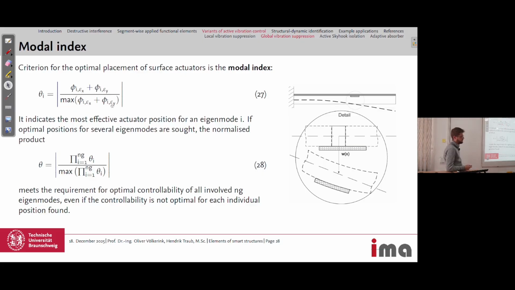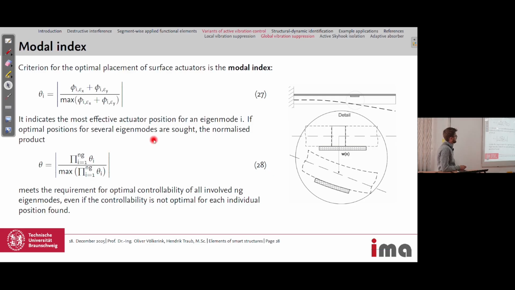If we place them really in the position where the highest surface strain occurs, then this modal index for the first eigenmode would be 1. If we cannot place them in the location where the highest surface strain occurs, then this one would be smaller than this one. This stays the same. Then the modal index is smaller. And this would be the description for one eigenmode.